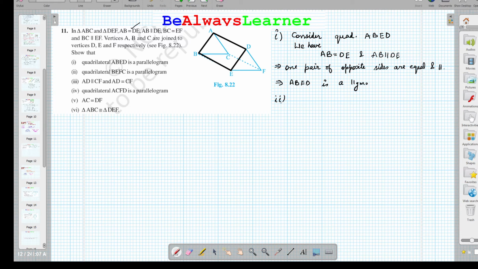Now we can consider the quadrilateral BEFC.